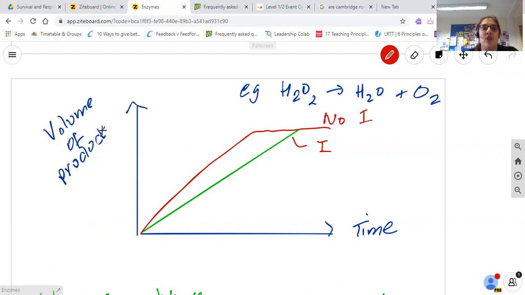It's gone, so the reaction's over. This is different to the other graph. We're looking at volume here, i.e. how much is actually produced. But with an inhibitor, it's all going to be slower, but you're still going to get eventually to the same amount of product because you had the same concentration of substrate to begin with.